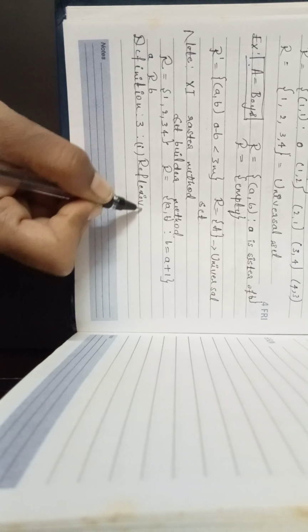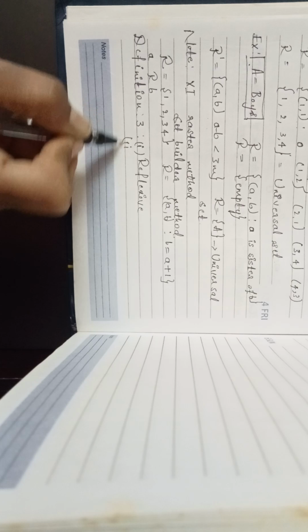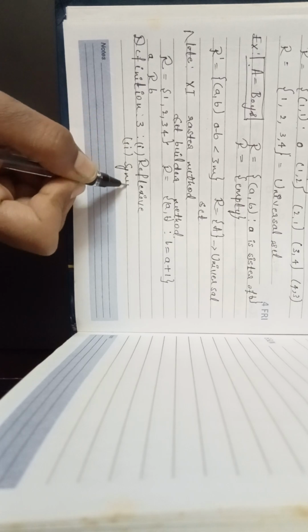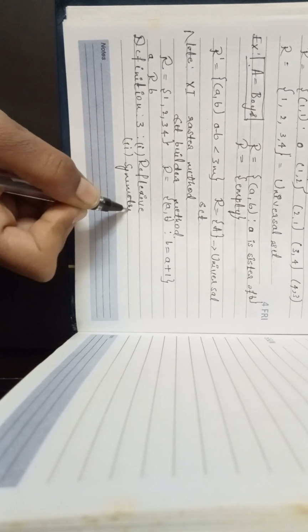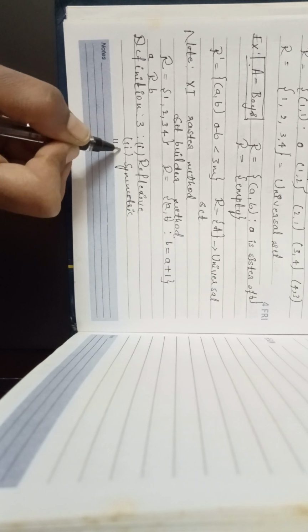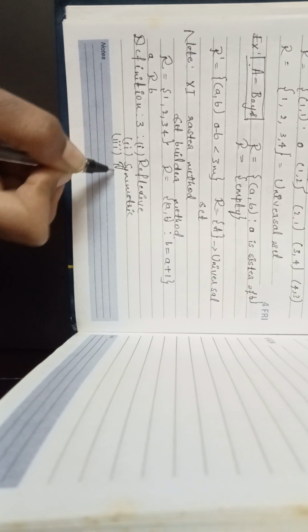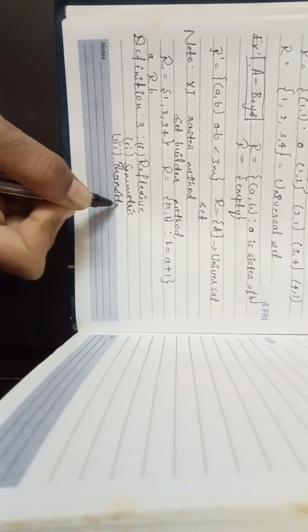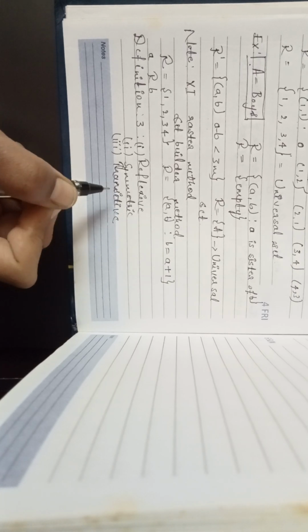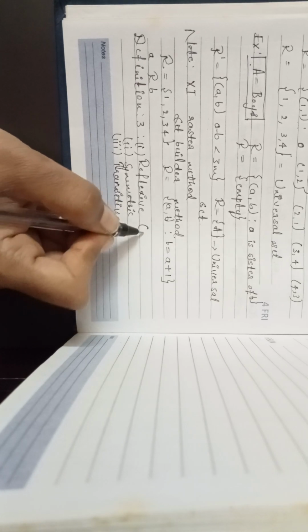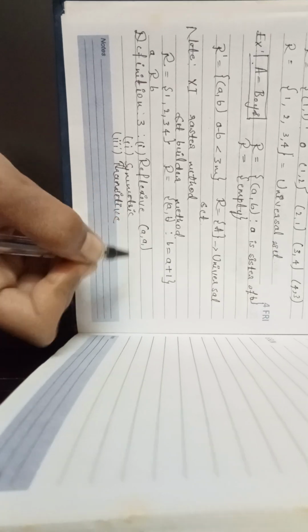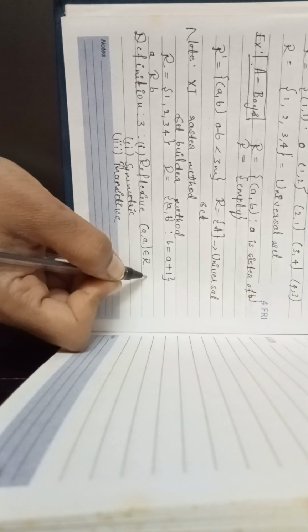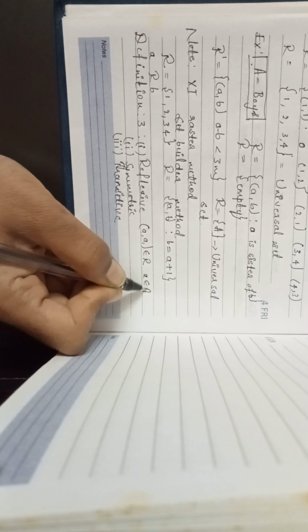One is reflexive, second one is symmetric, and third one is transitive. What is reflexive? (A, A) belongs to R, and A should belong to set A.